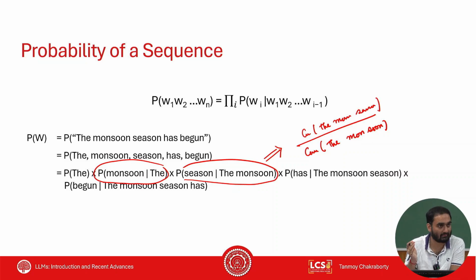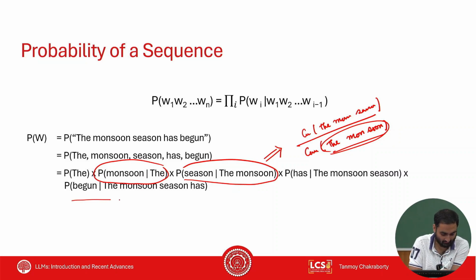So out of all the cases where the phrase the monsoon appears, how many cases essentially have the term season following the monsoon, right? Very simple. But the problem here is that as we increase the size of the context, right? So this is our context. As we increase the length of the context, it would be very difficult to find even a single appearance of the context in the corpus. Think of this one, right?